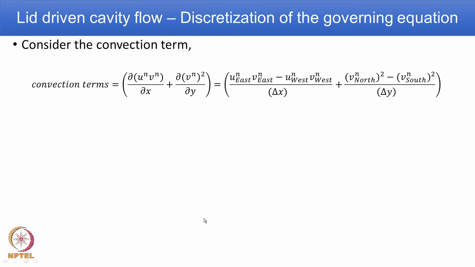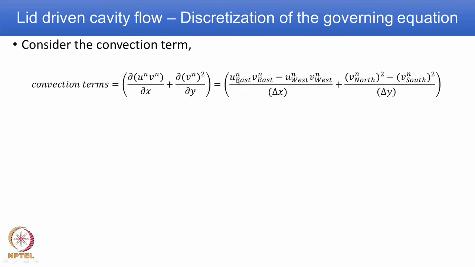So, once we have the diffusion term explained, we will now move on to the convection term. The convection term is rewritten including the u multiplying and v multiplying into the partial derivative. So, it is dou by dou x of u n v n plus dou by dou y of v n squared, and we write in terms of north, east, west, south.